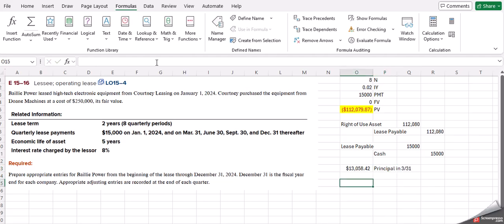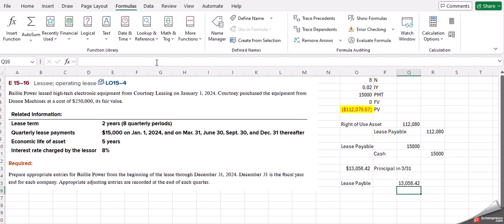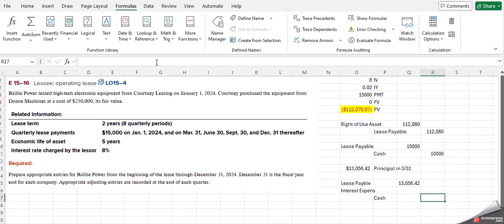So then our payment would be, we would debit the lease payable for the $13,058.42. We would credit the interest, or sorry, we would debit the interest expense. And then we credit cash. And then I'm going to take the difference with it.